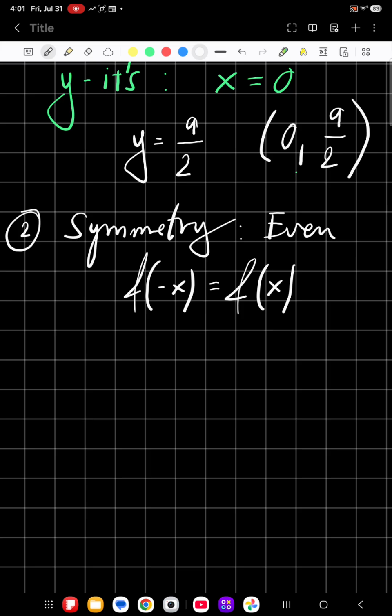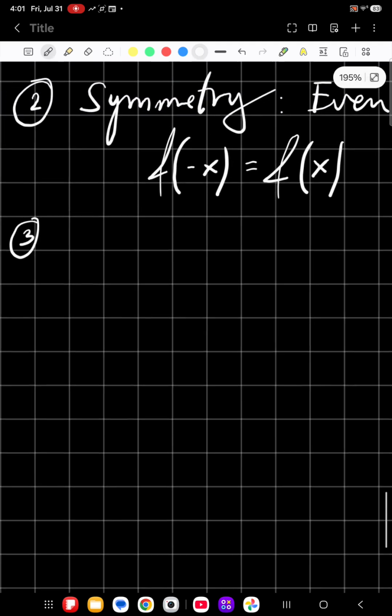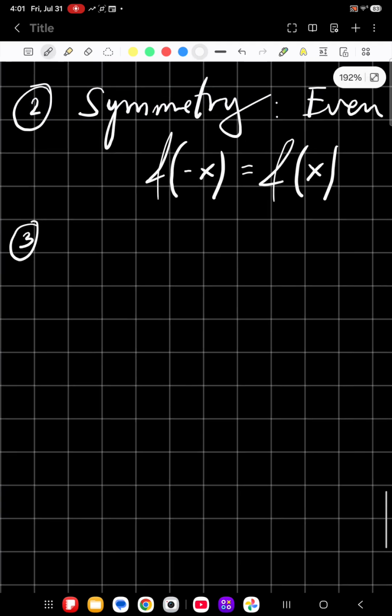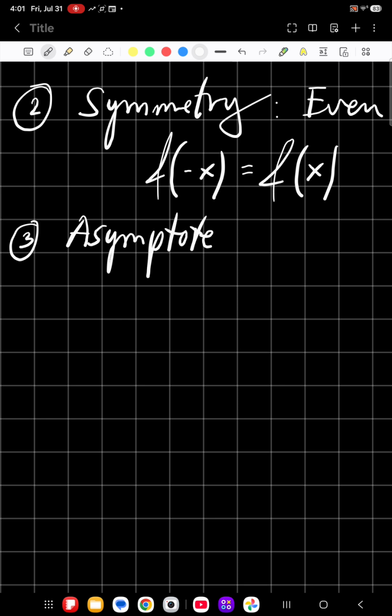And then the next step is asymptotes. So we talked about the asymptotes a little bit, right? We have two. The first type is vertical.